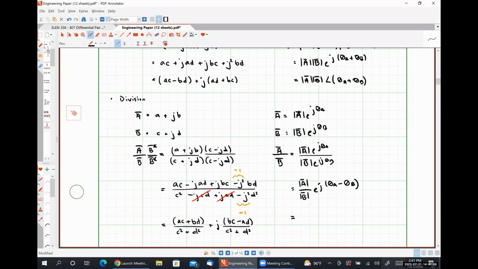And in polar form, this is simply the magnitude of A over the magnitude of B, angle theta A minus theta B.